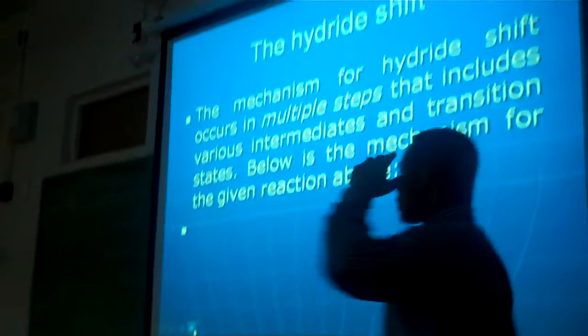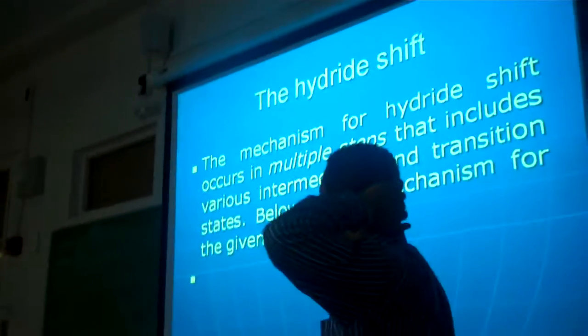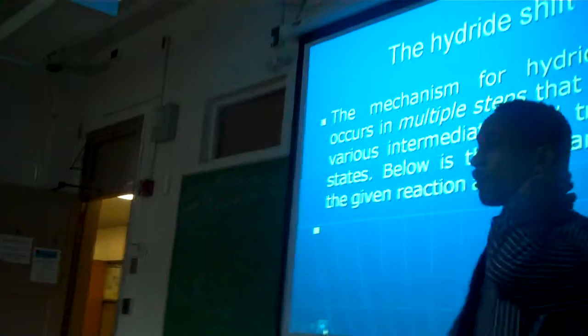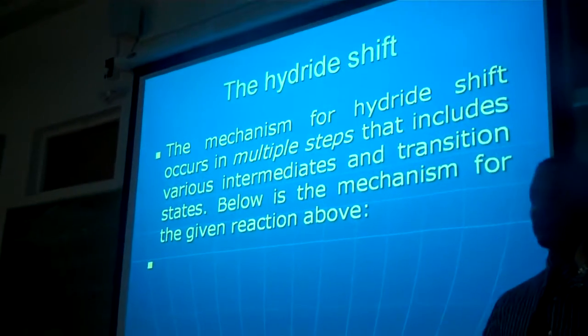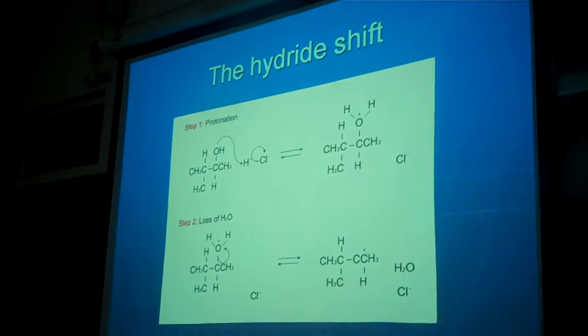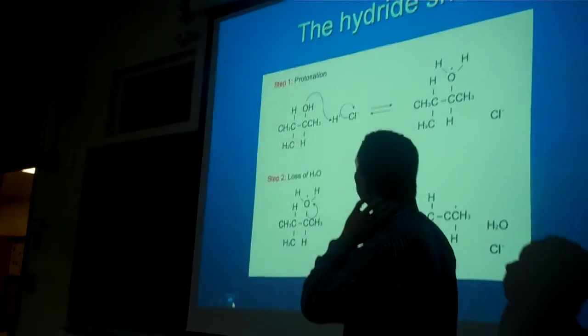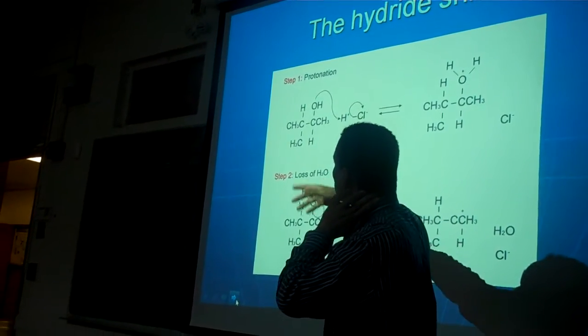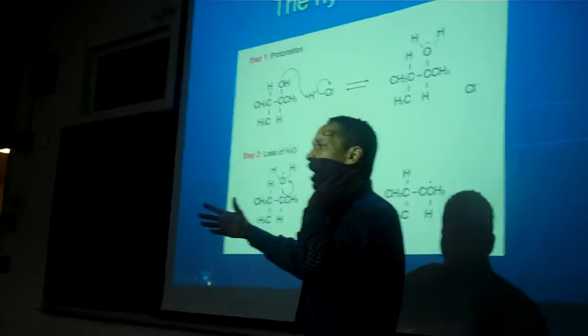This is something that I remember from 25 years ago. There's a hydride shift and there's also a methyl shift. So if you didn't do this yet, you'll do this next week. If I protonate something, I add an acid to something, I can dehydrate it.